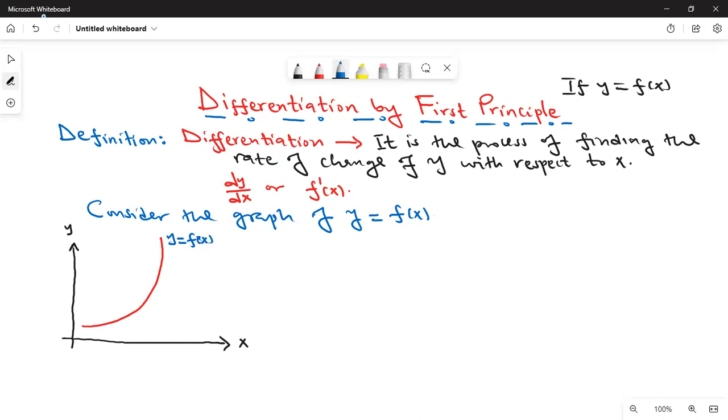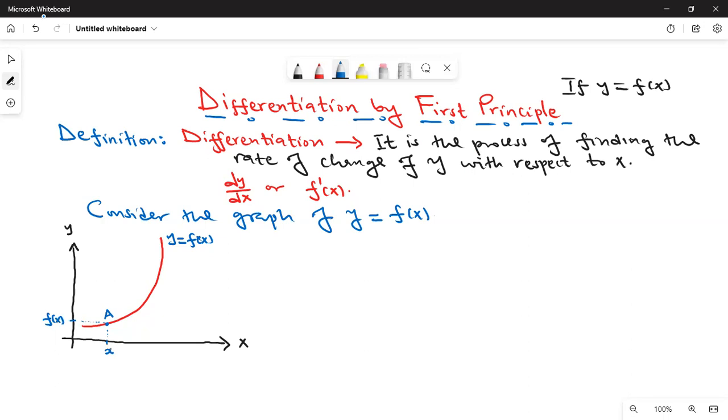I will need 2 points on this curve. The first point is here, let's call this point A. The coordinate on the x-axis, let it be x, and on the y-axis, let that coordinate be f of x.